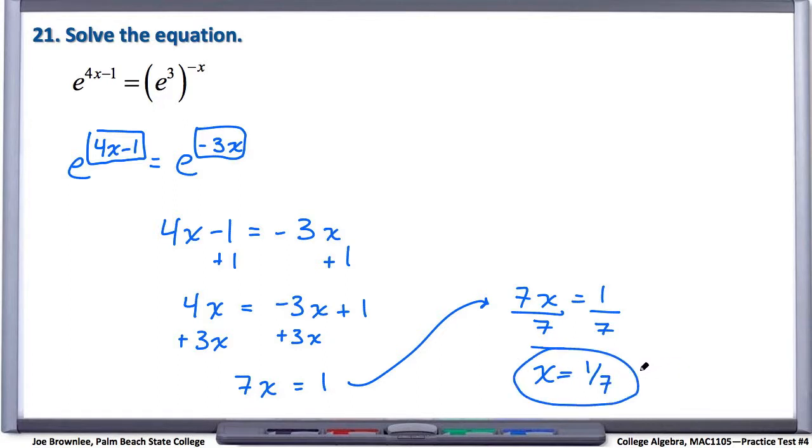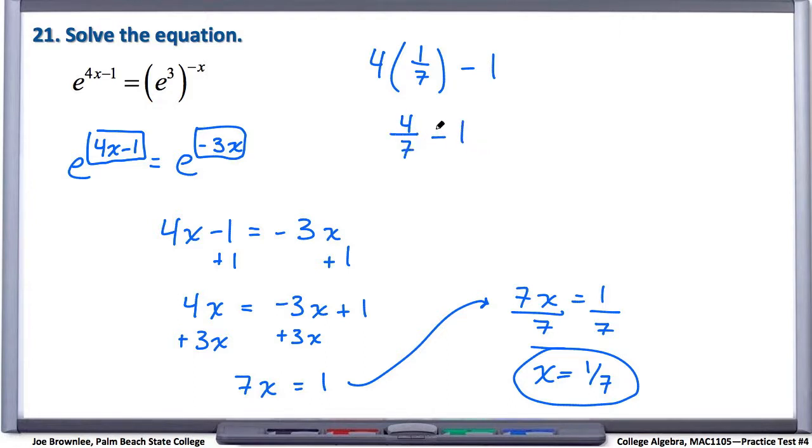And of course, I would recommend taking this x value and plugging it back in to check. So let's go ahead and do that. So first, we know we're working with e, but let's first evaluate what 4x minus 1 is, assuming x is 1 over 7. So we have 4 times 1 over 7 minus 1. Here we're going to have 4 over 7 minus 1.